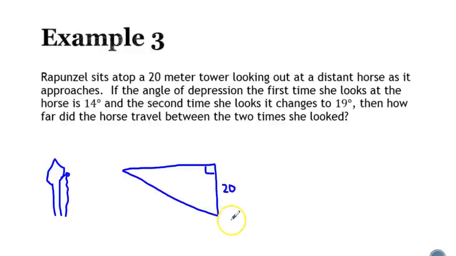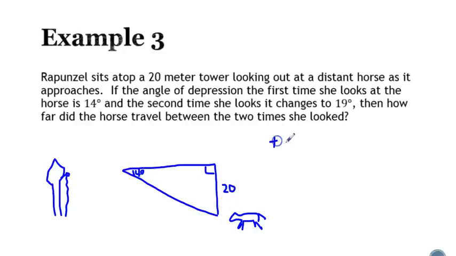And the angle for the first time she looks at the horse is 14 degrees. So we want to figure out what the horizontal distance is from Rapunzel to the horse. And again, you'll see that from our angle, we have the opposite side and we're looking for the adjacent side.